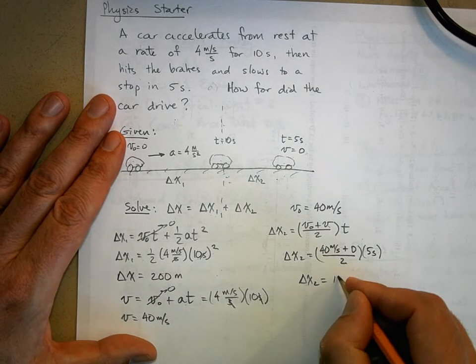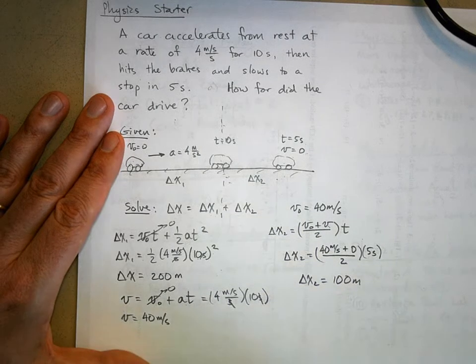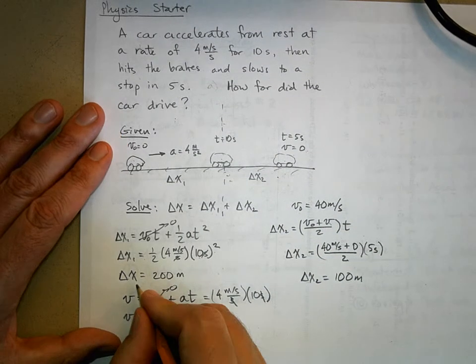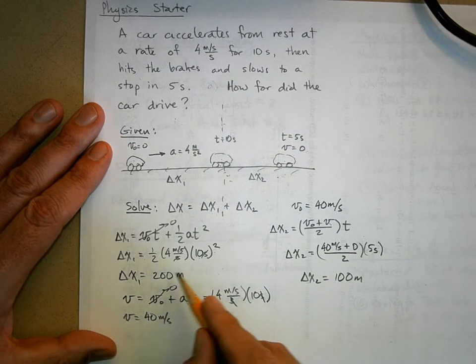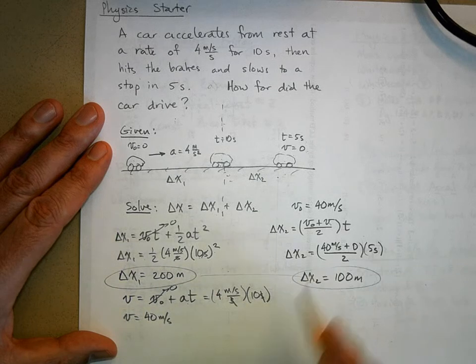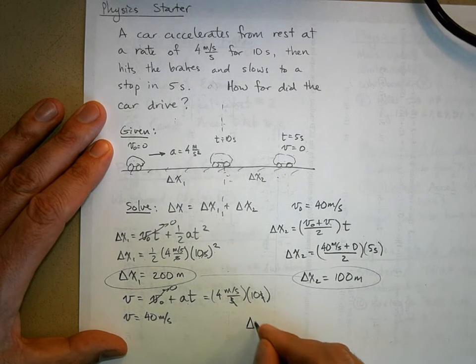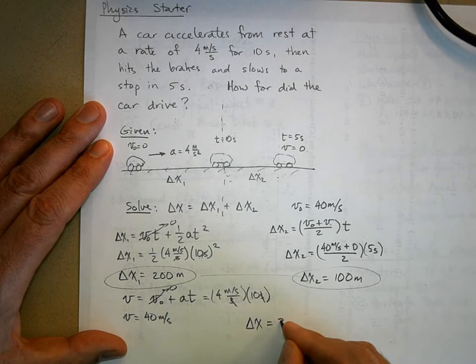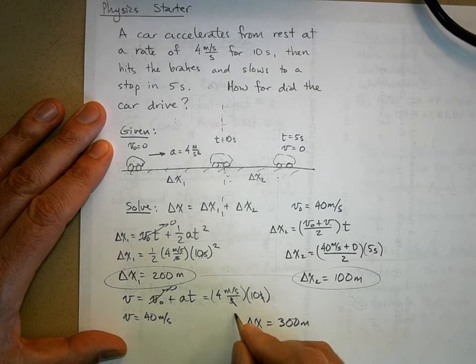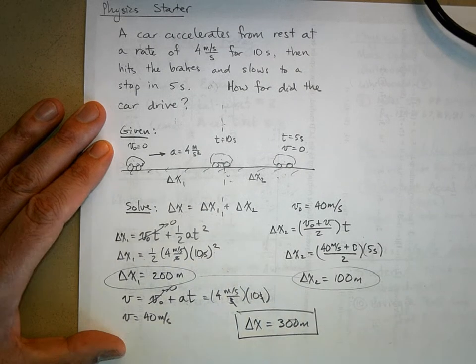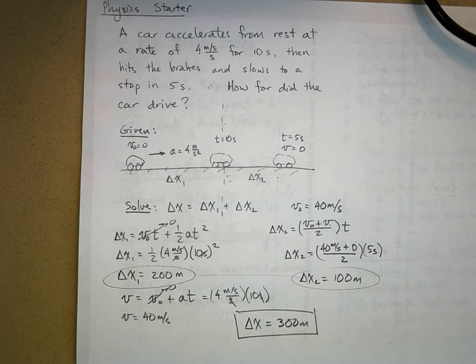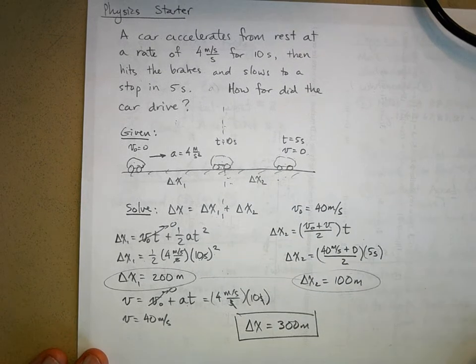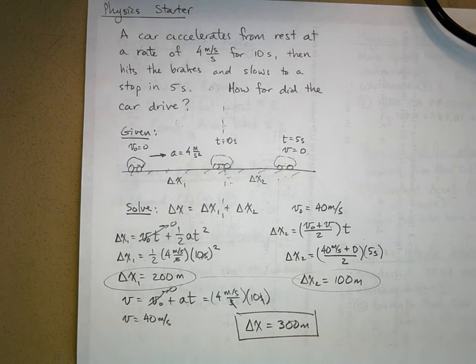So 100 meters. So delta x1 was 200 meters. Delta x2 was 100 meters. So our total delta x, we just add them up, is 300 meters. That's how far the car went. Okay. Any questions? Okay, very good.